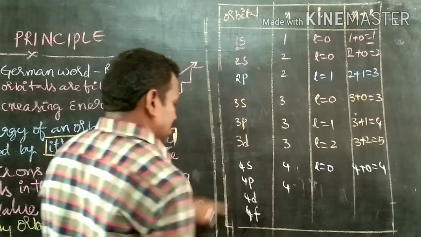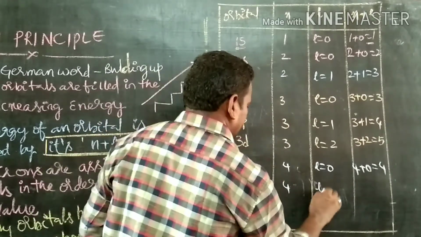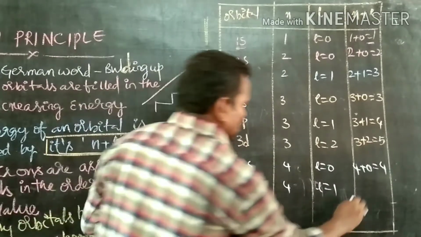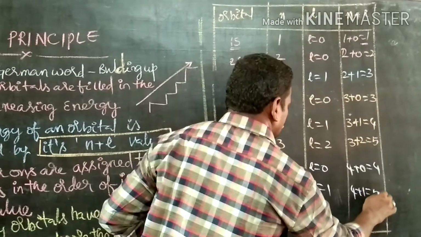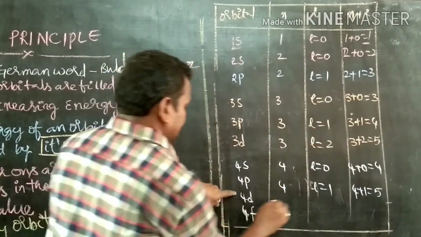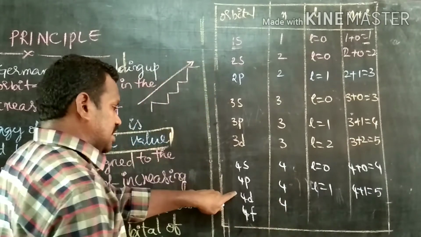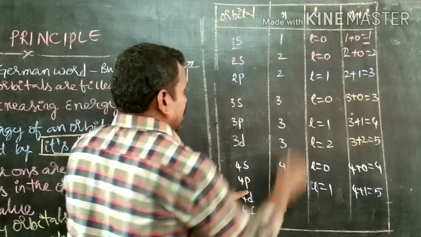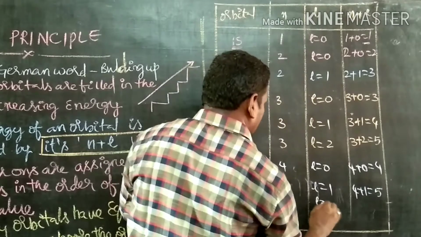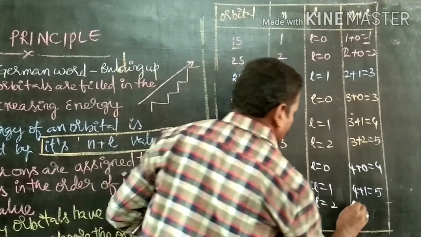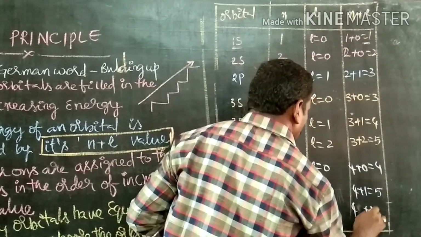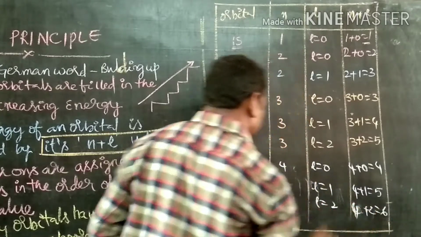For 4p, l is equal to 1. Now 4 plus 1 equals 5. For d, principal quantum number n is 4 and angular momentum quantum number l is equal to 2. Now 4 plus 2 equals 6.